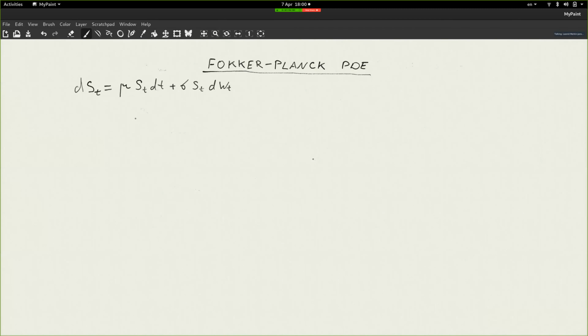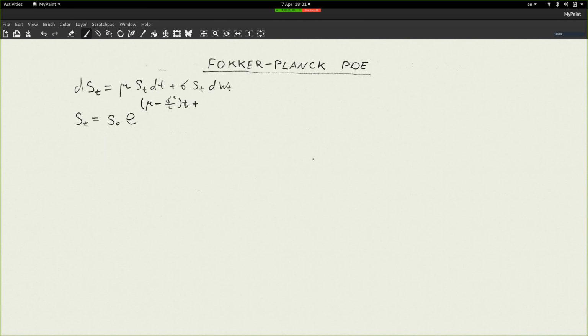The solution would be S_t equals S_0 times the exponent of, and it is important that we have a correction for volatility, (mu minus sigma squared halved) times t plus sigma W_t.